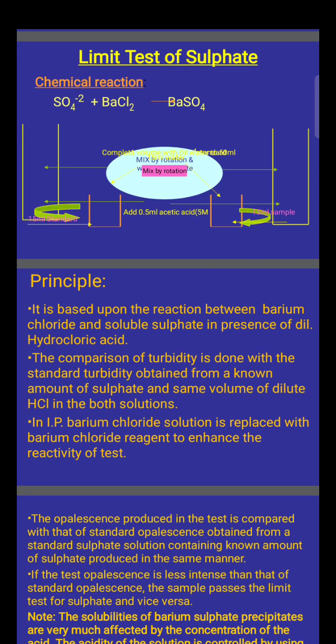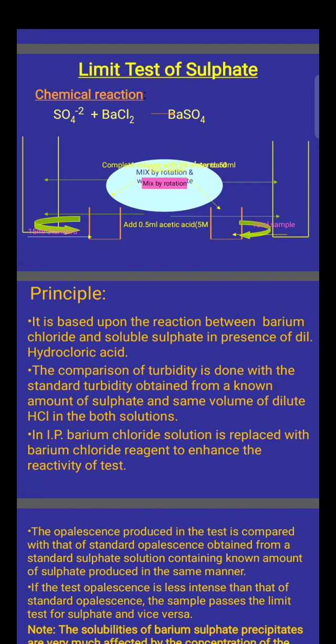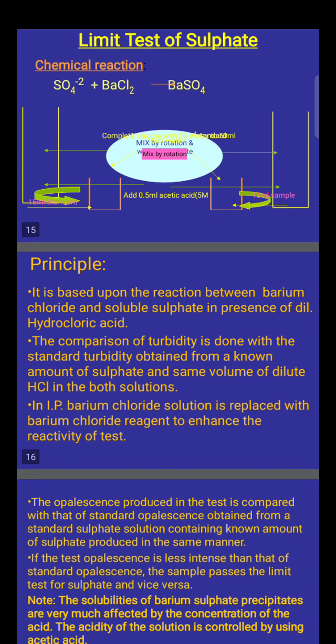In earlier case we have seen in limit test of chloride there is a role of dilute HNO3. Same case is here also. In limit test of sulfate there is a role of dilute acetic acid or dilute HCl. That means to avoid the presence of other impurities and to only give a chance to sulfate ions to react with barium chloride, the addition of small amount of acetic acid is required in this reaction.